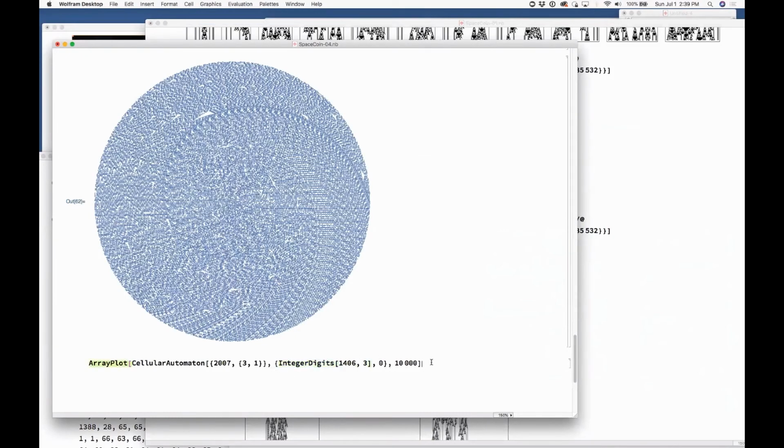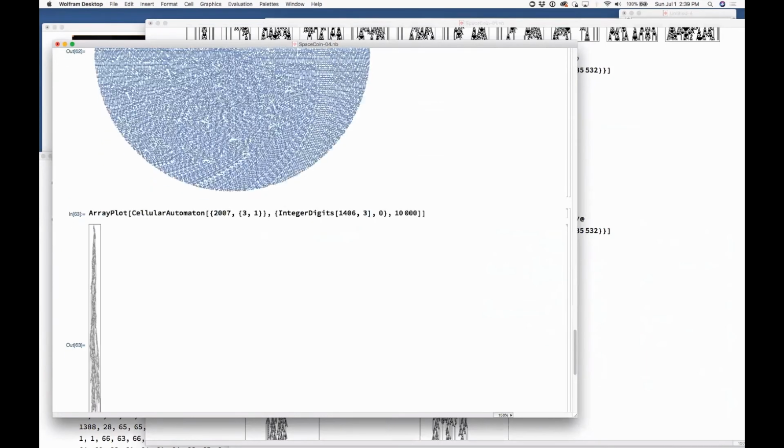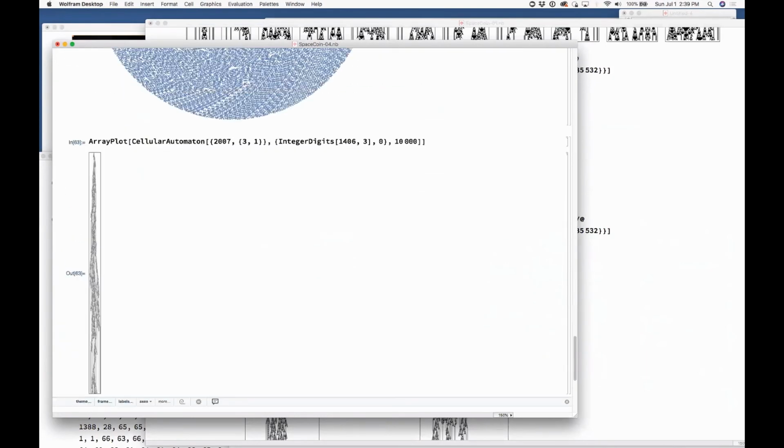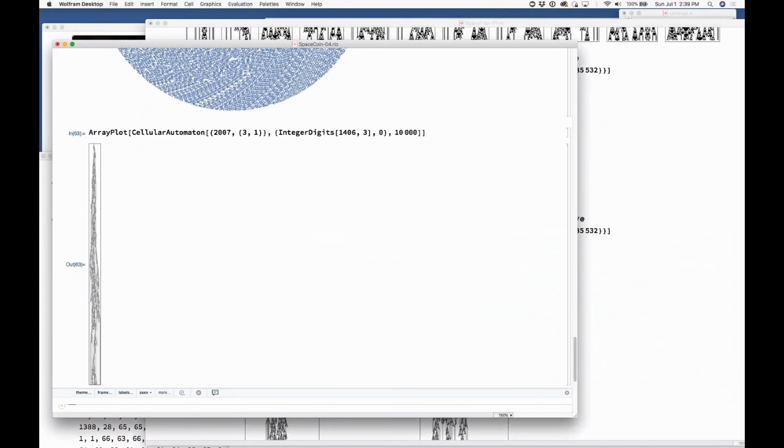Okay, so let's just check that. Yeah, it's still alive and well. Okay, so now we've got to take this and see whether we can put that around a spiral. So how would we do that? For each row here, what do we want to do? We want to make polar coordinates out of this.